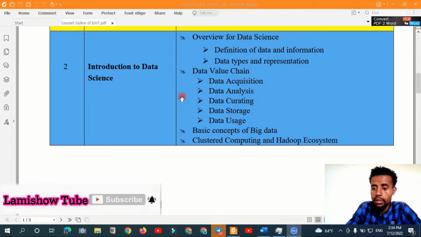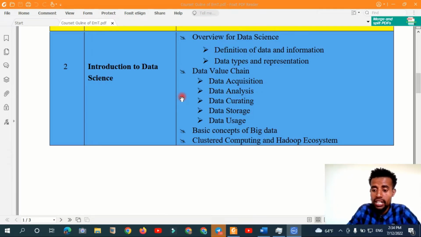And based on computer or programmer perspective, data types can be classified into integer, boolean, character, and so on. So we'll see data type categories under this chapter, and we'll see also data value chains. When we say data value chains, it contains elements like data acquisition, data analysis, data curation, data storage, data usage, and so on. So we'll see all these elements under this chapter.